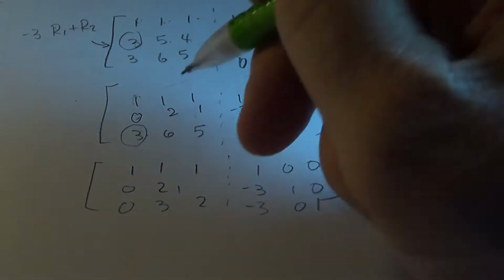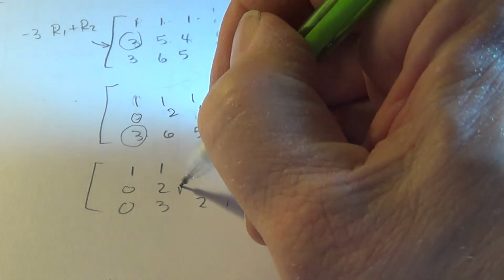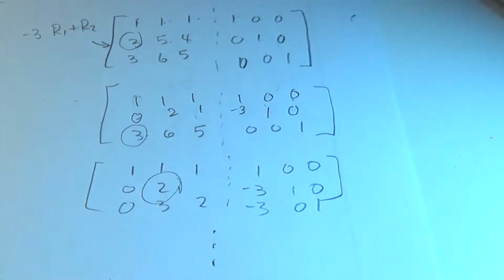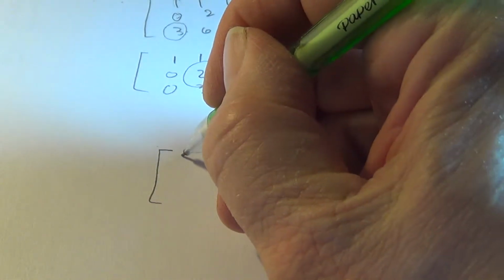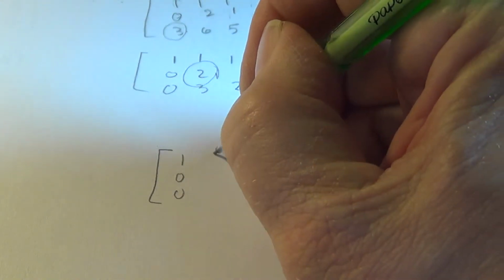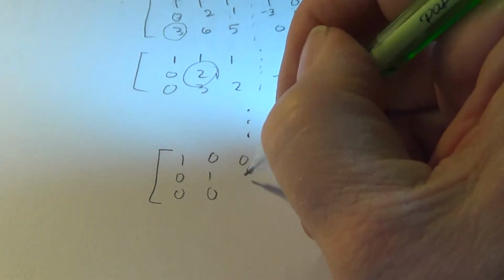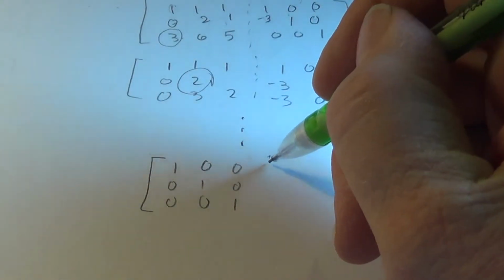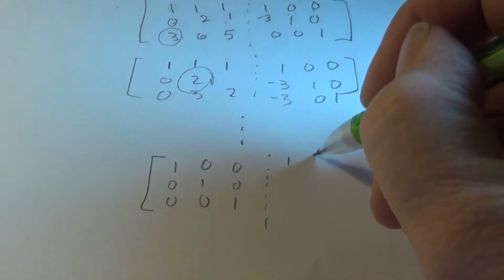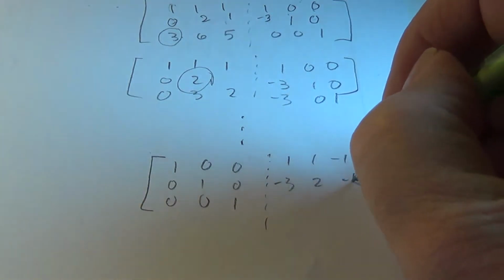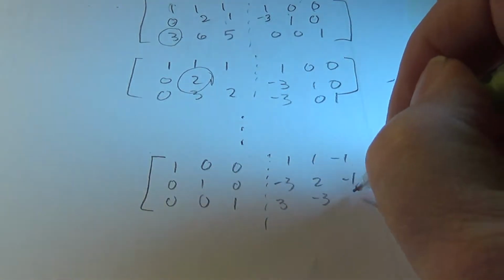And then I will go to this one and I'll divide everything by 2, and so on and so on and so on. So at the very end, if you do it all correctly, you'll get a 1 0 0 0 1 0 0 0 1, and on this side we'll have 1 1 minus 1, -3 2 -1, and 3 minus 3 2.